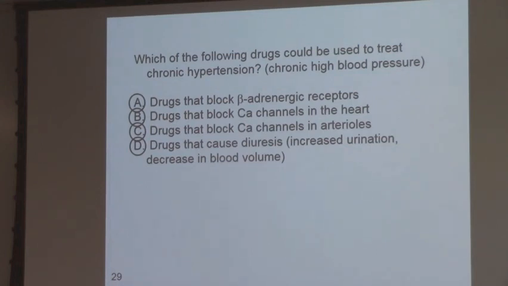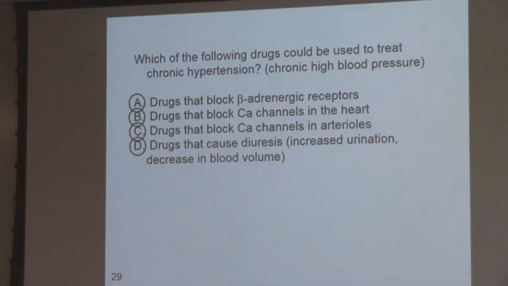So if we block them, and by blocking, remember, we're not blocking them completely, that would kill you. When a pharmacologist like me talks about block, we don't mean 100%. That's death, right? In this case, we're talking about a pharmacological blockage.